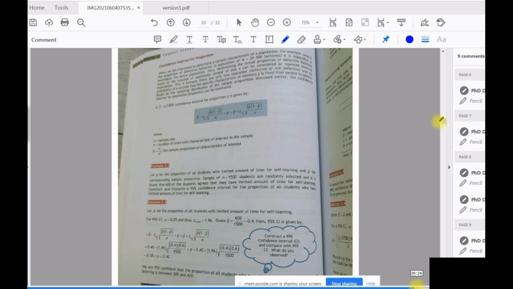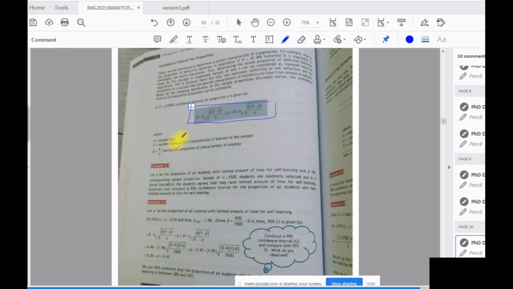Confidence interval for proportion. So for proportion, the 1 minus alpha times 100% confidence interval for the proportion is given by this formula. So we have n, the sample size, x is the number of units with the characteristic of interest in the sample, and then p hat is x over n.